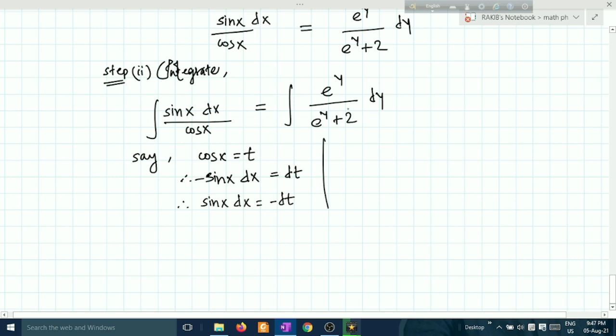On this side you also can do one thing. Say e to the power y plus 2 equals a variable, say u.